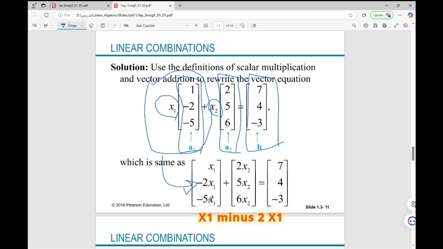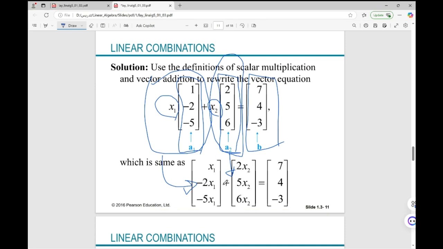So this is x1, minus 2x1, and minus 5x1. And also x2 times this vector is x2, 2x2, 5x2, 6x2.